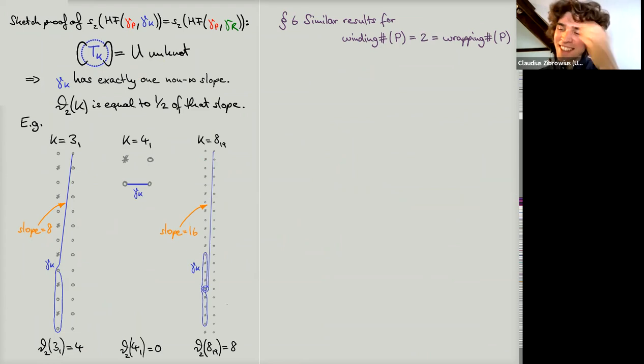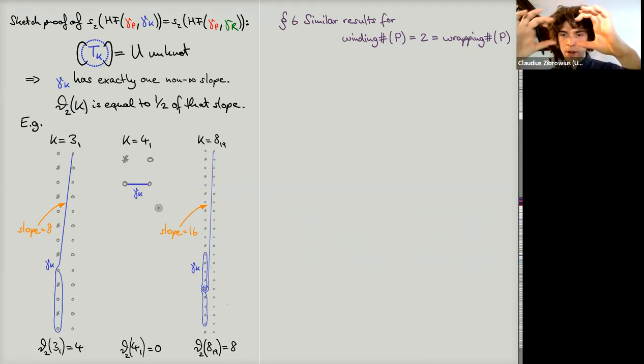In the winding number 2 case, things get a bit more complicated, and the reason for this, from the multicurve perspective, is that the S invariant for the unknot closures, or the winding number 0 closures, is contained in this tangle end down here, on the bottom right.